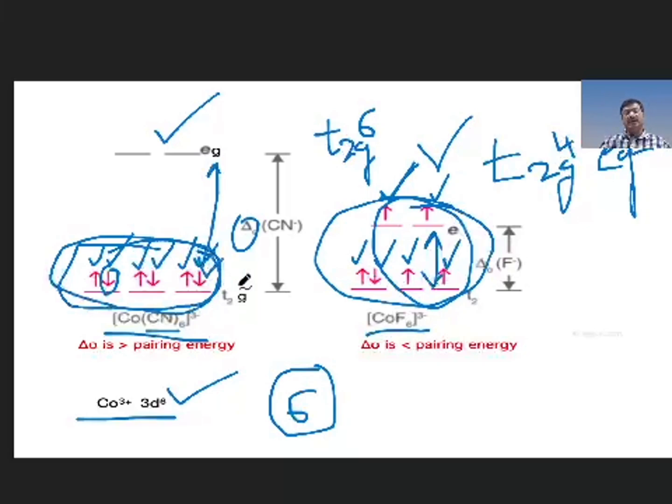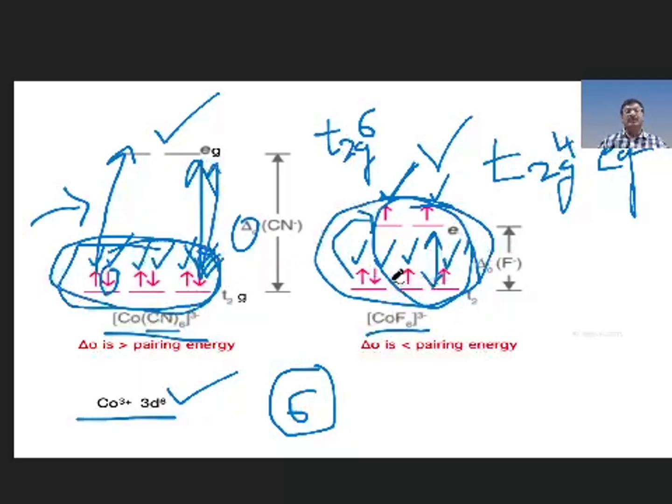Similarly, you can know the color of the compounds also. When the delta value is different, when the lower energy electron is promoted to higher energy, it will absorb different wavelength light. That means these two compounds can absorb different wavelength lights.